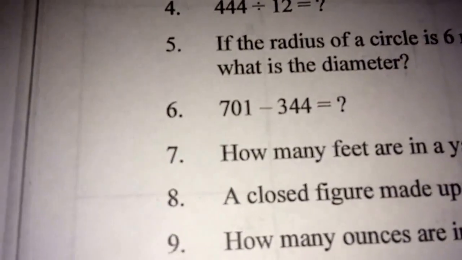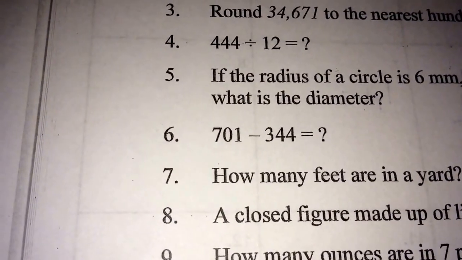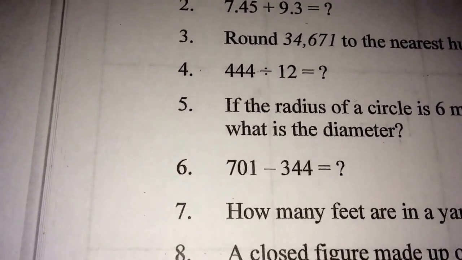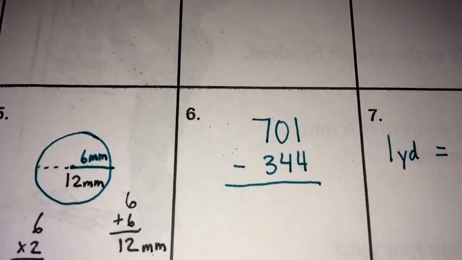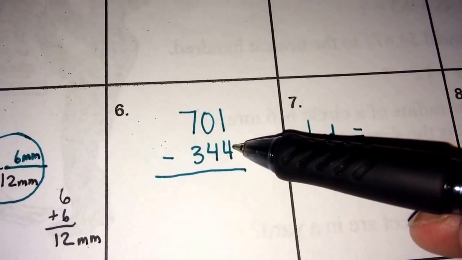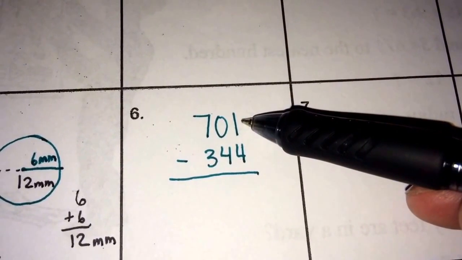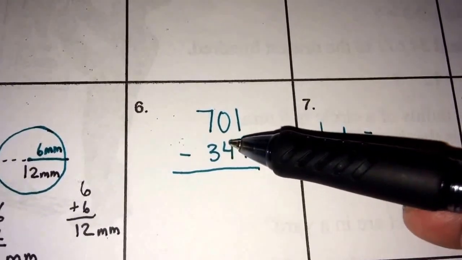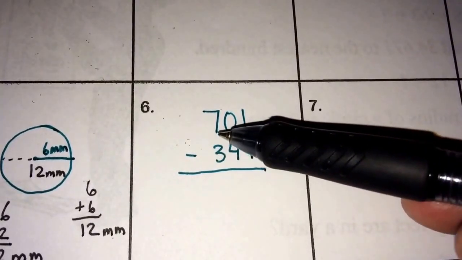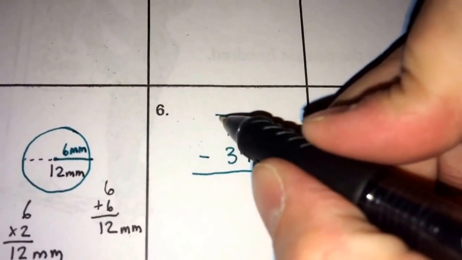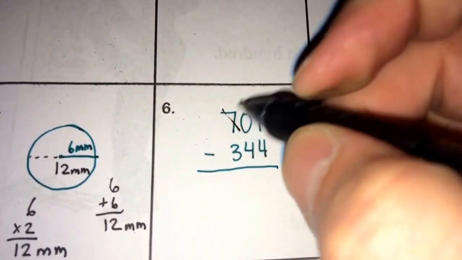Okay, so for number 6 here, let's see. Number 6 says 701 minus 344. So we go ahead and flip to the back. And I'm looking here, and as I can see, 4 is a bigger number than the 1, so I must move to my next column. 4 is a bigger number than 0, so I must move to my next column. 3 is not bigger than 7, so I know I can borrow from my 7.